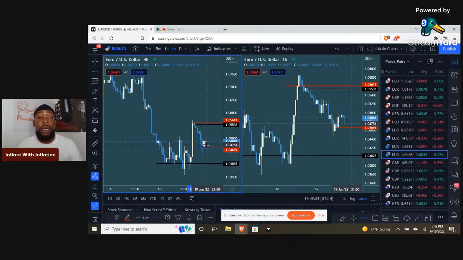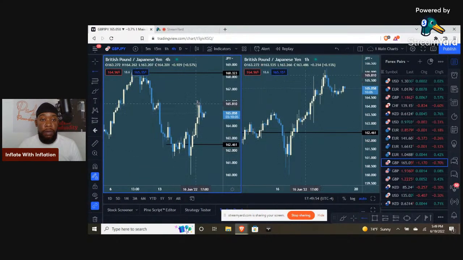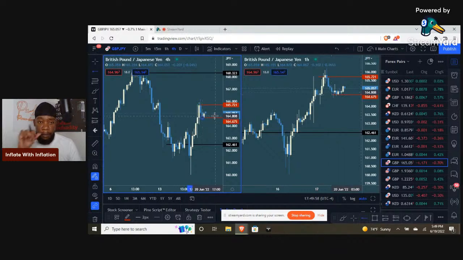Yeah. Okay, so just how I'm doing it for today, because sometimes it alternates. But for today, my black lines are all going to be daily, and my red lines are all going to be 4-hour. All right. Started selling here. So pound is selling. Yeah, it's buying.